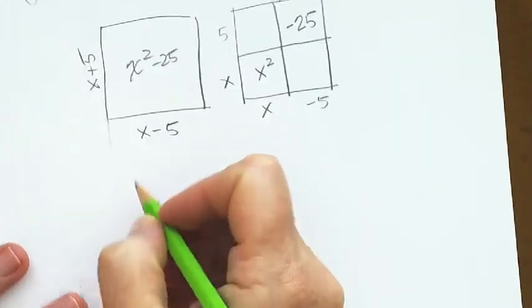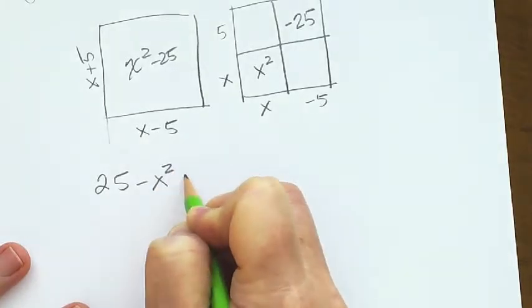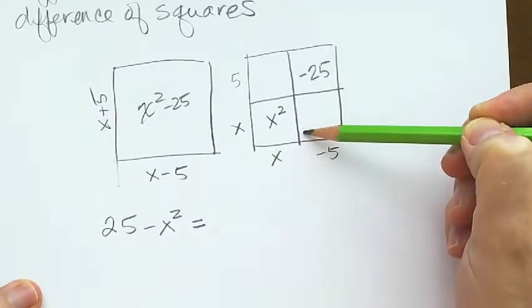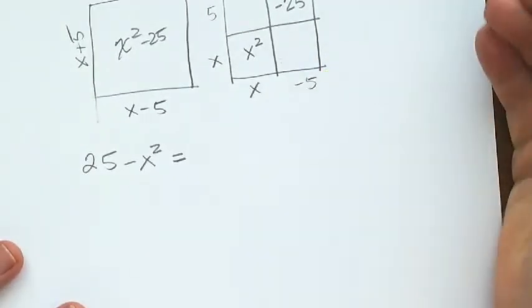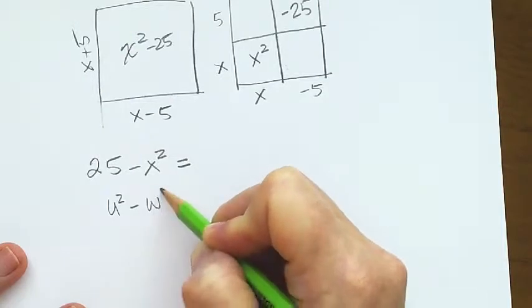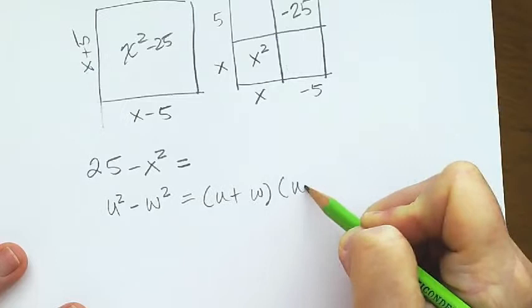Okay, and then the next example says 25 minus x squared equals what? Well, this is almost the same thing as what we just did. There is a poster on the board for difference of two squares, and at the bottom it says u squared minus w squared equals u plus w times u minus w.